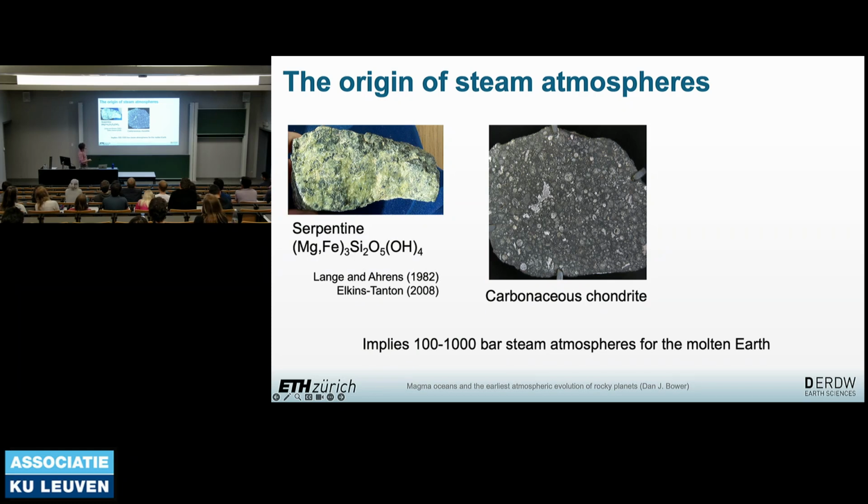If we wind the clock back and look at the origin of steam atmospheres for planetary science, you can track the original work back to some papers by Lange and Ahrens in the early 1980s. This was then revised by Lindy Elkins-Tanton in a series of papers from 2008 onwards.